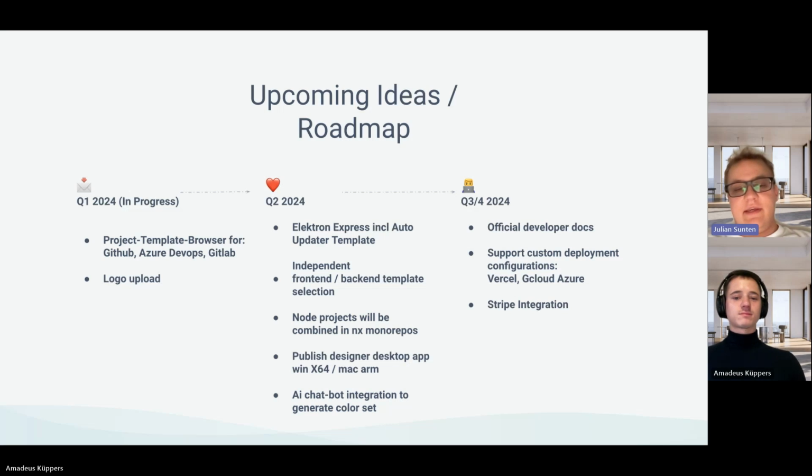So the next thing is, as you saw in our presentation, we have a template selection, but currently you select, in our case, Angular and .NET full stack. So our next target is to split that up so you can choose your front-end and back-end technology separately.